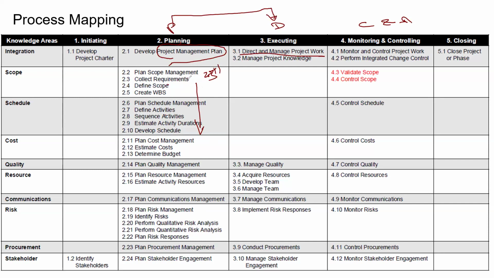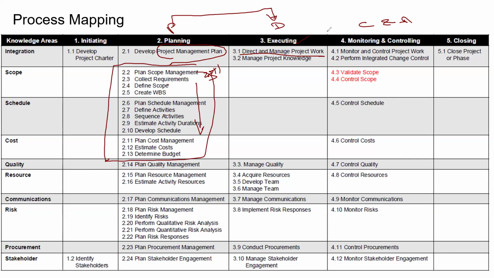So the scope of the work will be done as per the schedule with the required budget in direct and manage project work. For these three knowledge area planning processes, you have to know the doing is happening in the direct and manage project work process.